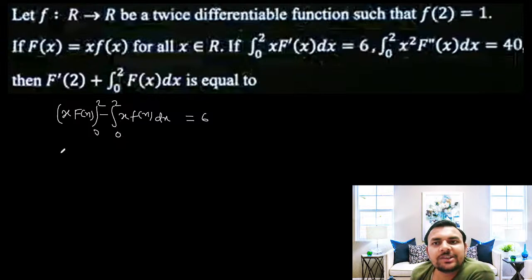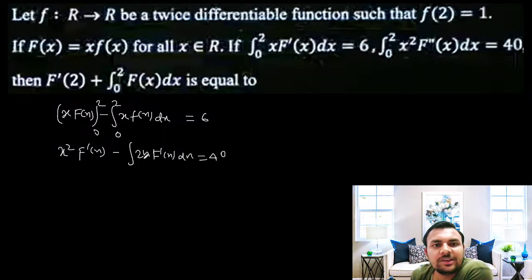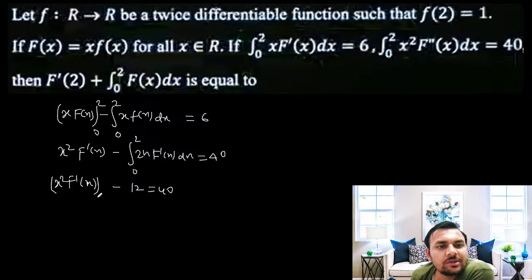This is an IIT Advanced question. The integral of x square f dash x minus 2x f dash x dx from 0 to 2 equal to 40. If you see, x f dash x from 0 to 2 is nothing but 2 into 6, 12, and it is x square f dash x from 0 to 2.